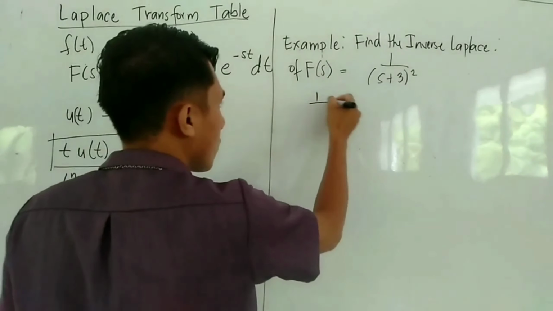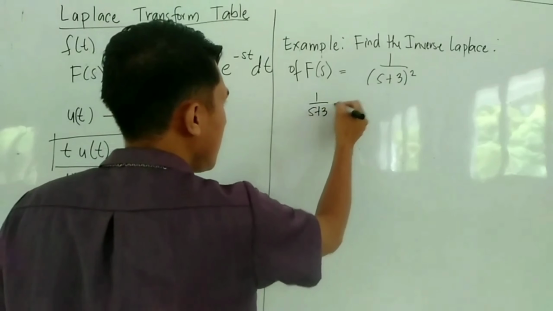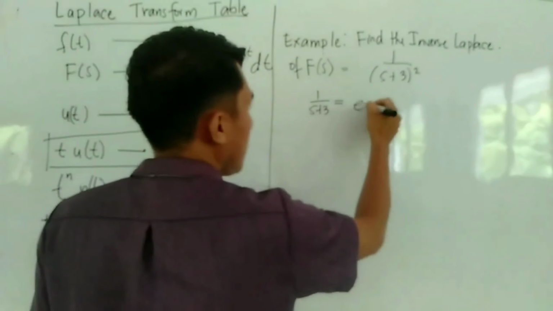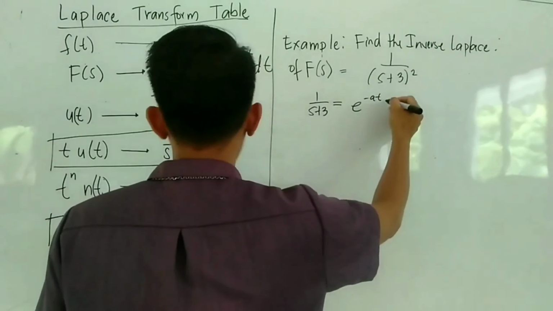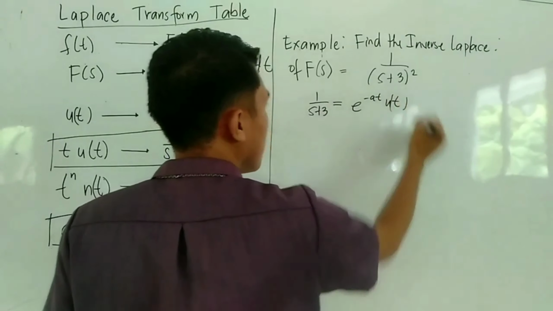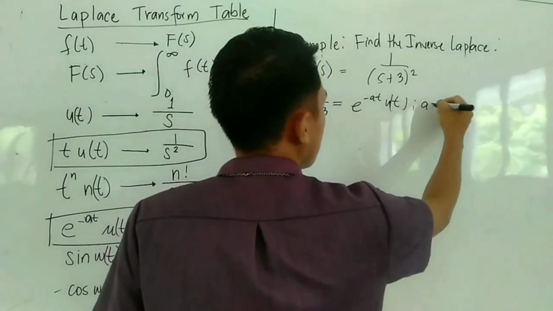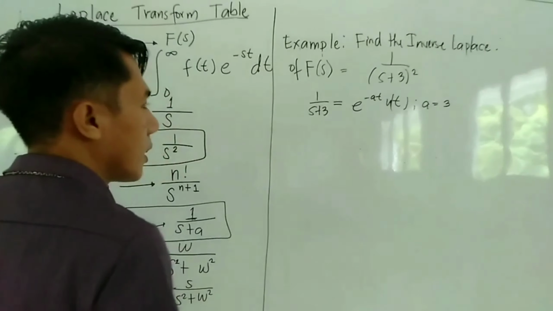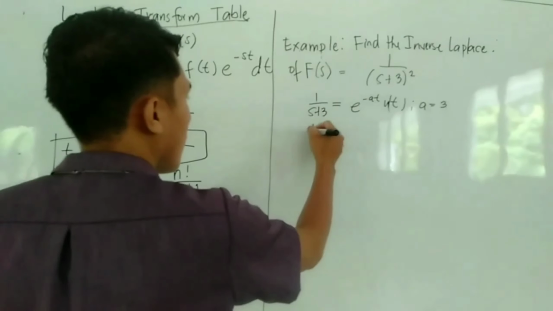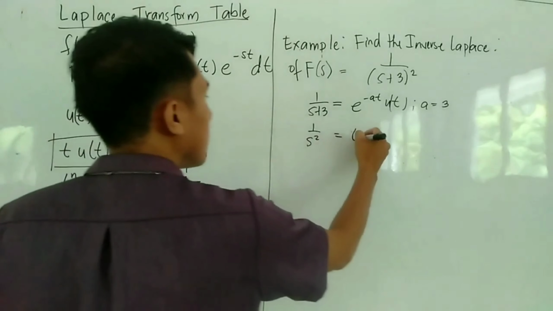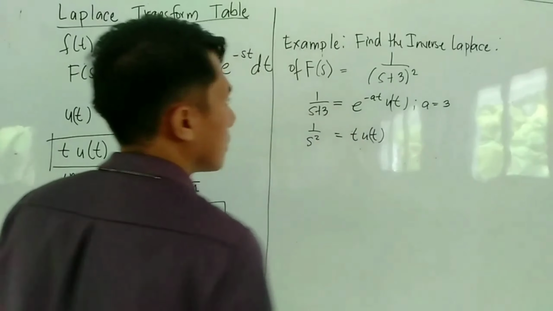Okay, let's write 1 over s plus 3. The equivalent for this one is e to the negative a t u of t, wherein a is equal to 3. And for its equivalent, 1 over s squared is equal to this one, t u of t.